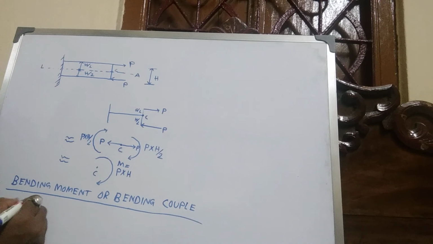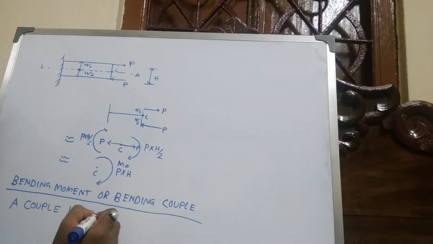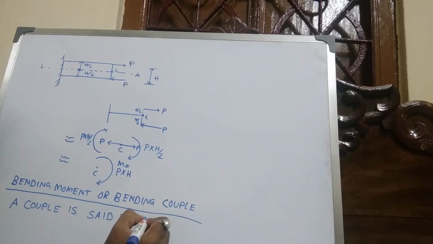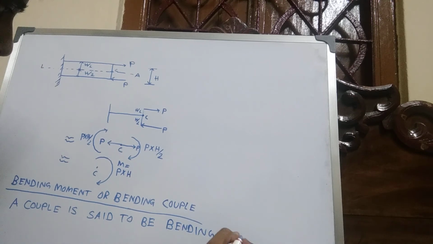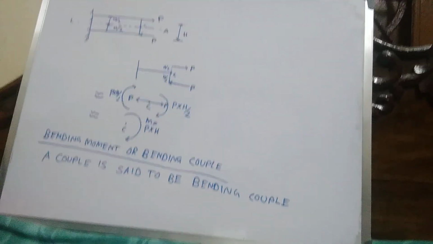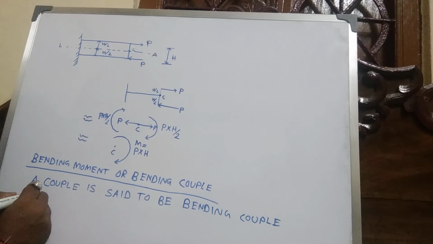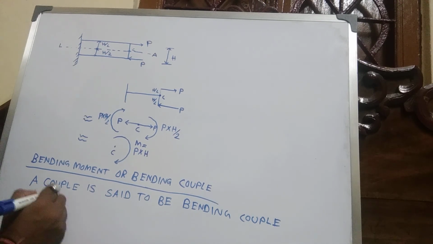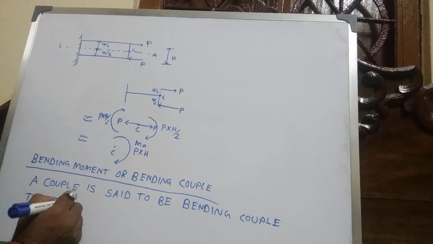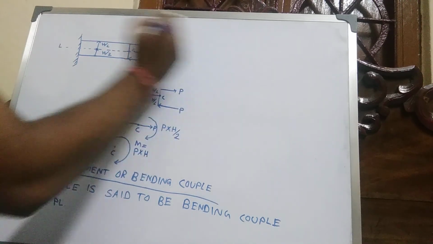A couple is said to be a bending couple when the plane of the couple is perpendicular to the plane of the cross section. This is the cross section, this is 2D.